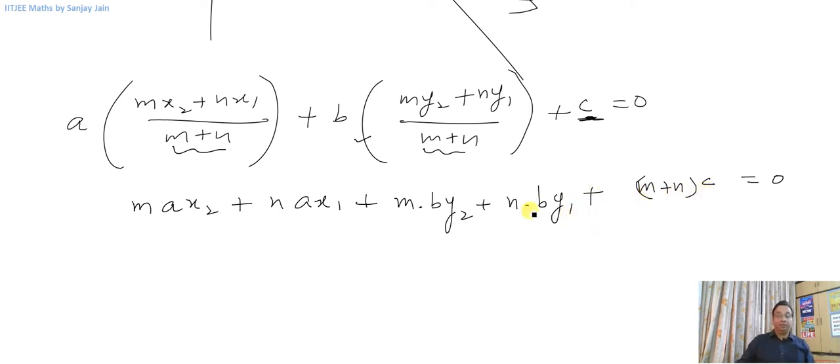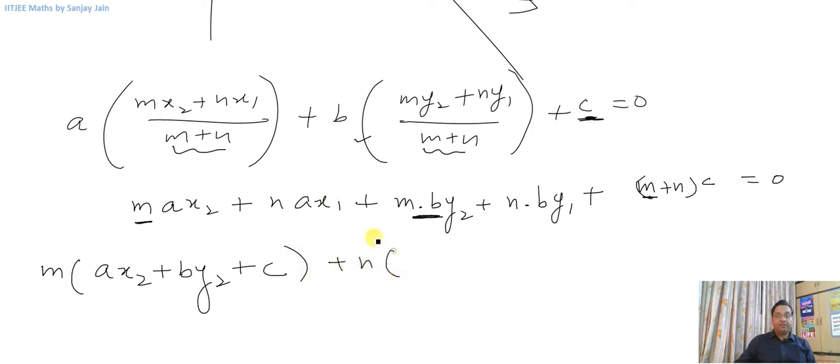So let me collect the terms with m in them. This is one of the terms, this is another term, and I'll get one term from here. So if I take m common from everywhere, I'll have ax2 plus by2 plus c. And similarly, if I take n common, I'll have ax1 plus by1 plus c from here, and it will be equal to 0.